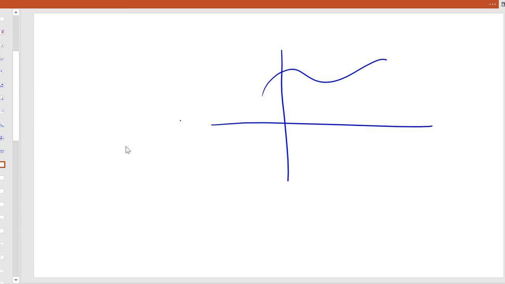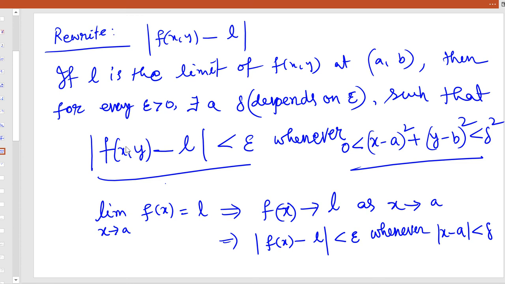In other words, this is our f of x and this is our x. So this is, for example, x equals a. Now the meaning is a minus delta less than x less than a plus delta. I can write it.